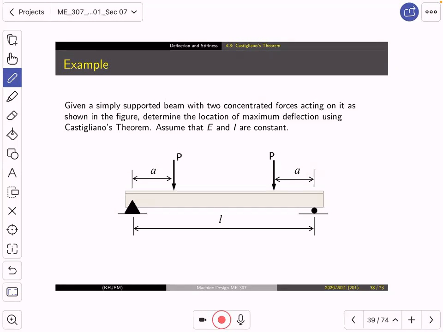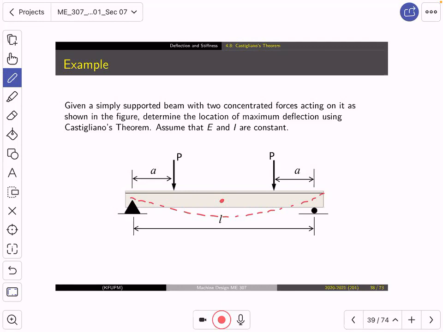And if you recall from my past lecture, what did I say? I said that if you want to find the maximum deflection, by inspection, you can expect that the maximum deflection will be in the middle point, since the beam will curve like this due to the action of the two forces.